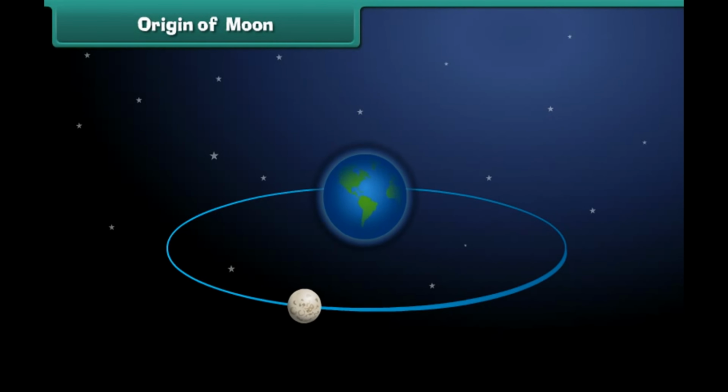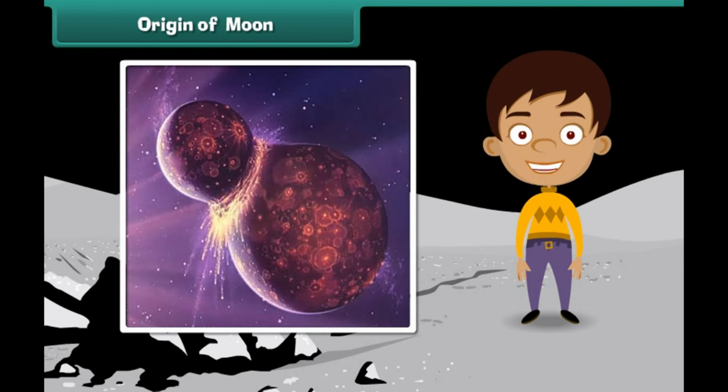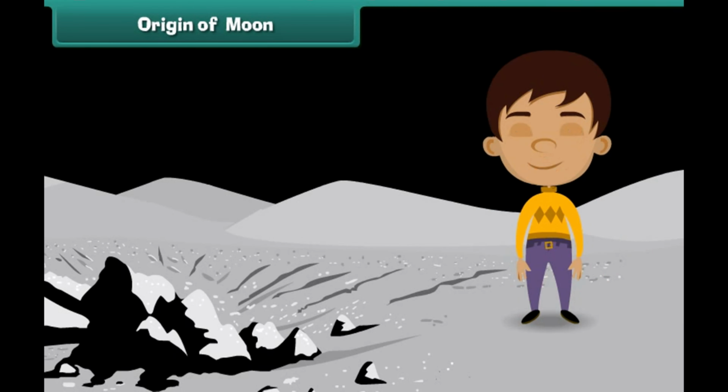Some said the moon might have been floating in our solar system and got captured by the Earth's gravity. Some suggest that an object of similar mass to that of Mars might have smashed into the Earth, creating a cloud of molten rock that eventually condensed into the moon.